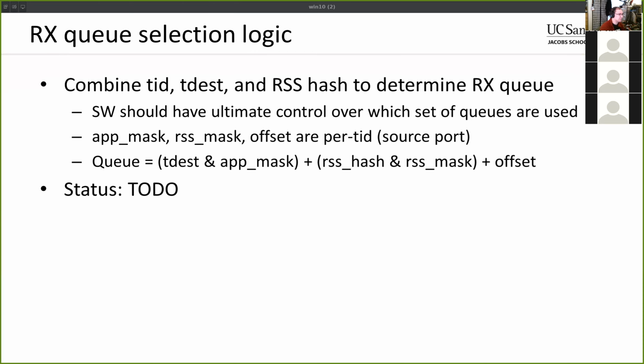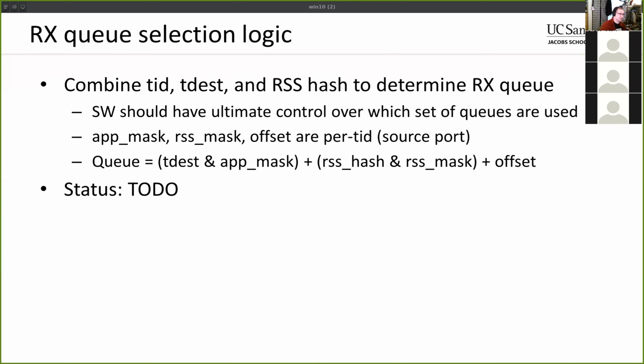The idea is to combine the TID TDEST values on the AXI stream connection from the application section on the receive path with the computed RSS hash. The goal is so that software controlling the driver has ultimate control over which set of queues are used.